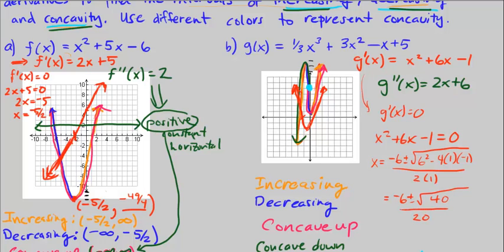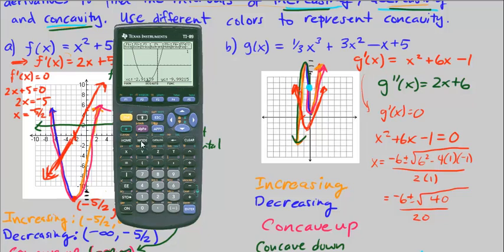Let's use our calculator just to make this easier. So we have negative 6 plus the square root of 40, and that is going to be 0.32455 divided by 2.